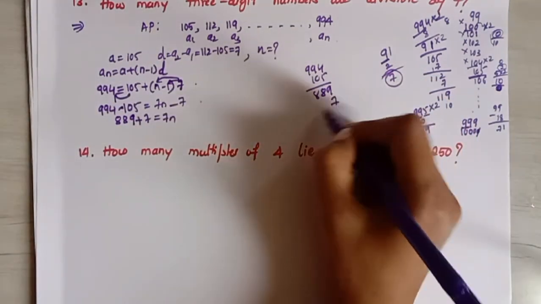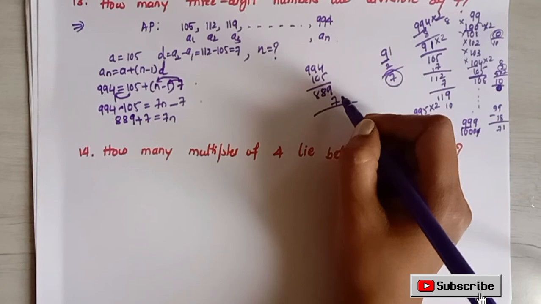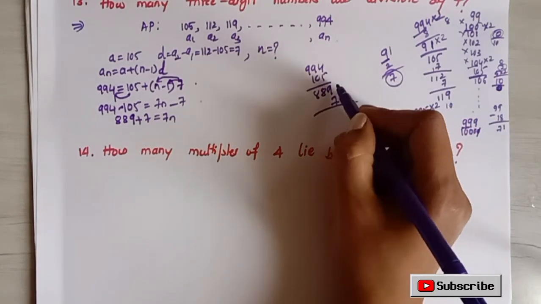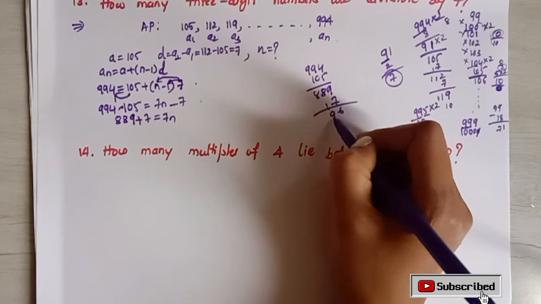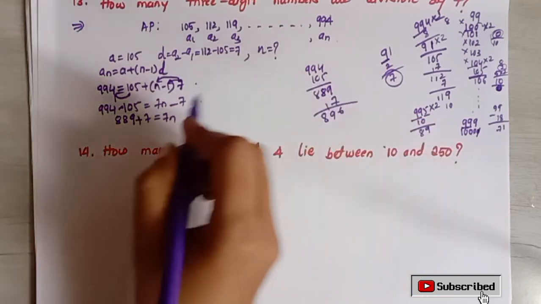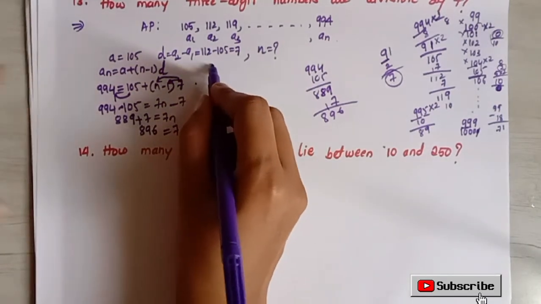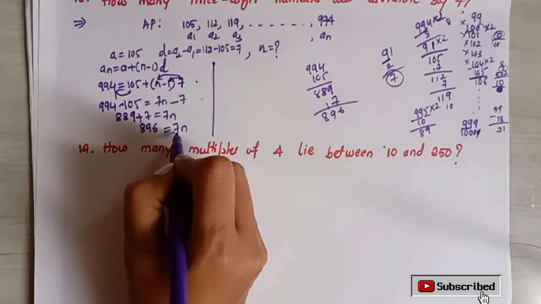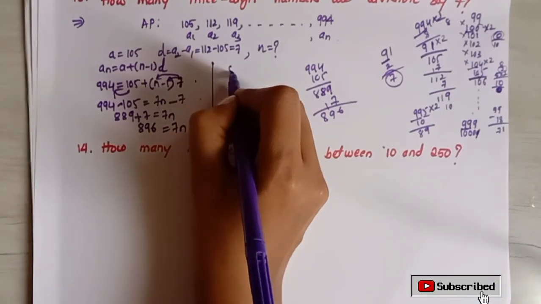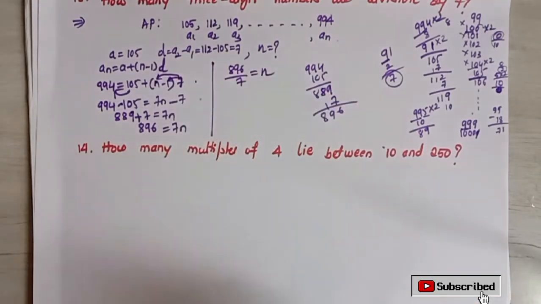So what is 889 plus 7? 9 plus 7 is 16, 8 plus 1 is 9. So this will be 896, which is equal to 7n. Okay. So let us take this 7 to the left hand side. So this will be 896 divided by 7, which is equal to n.